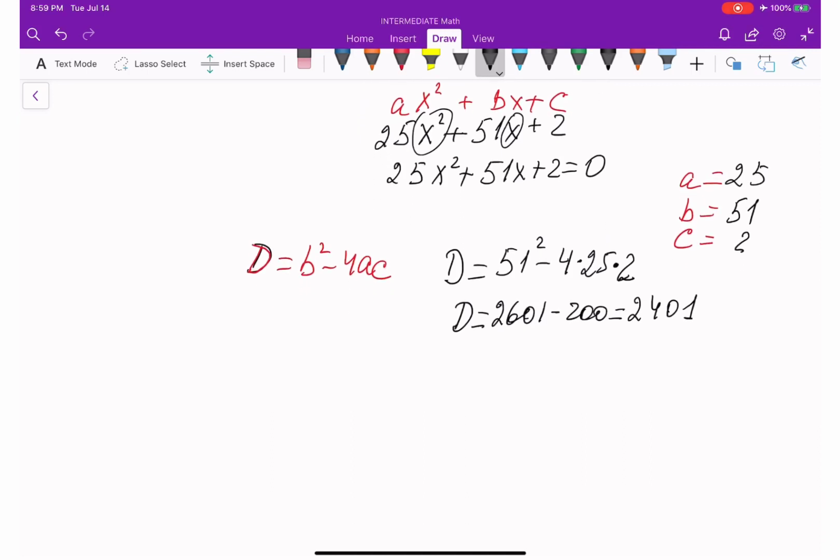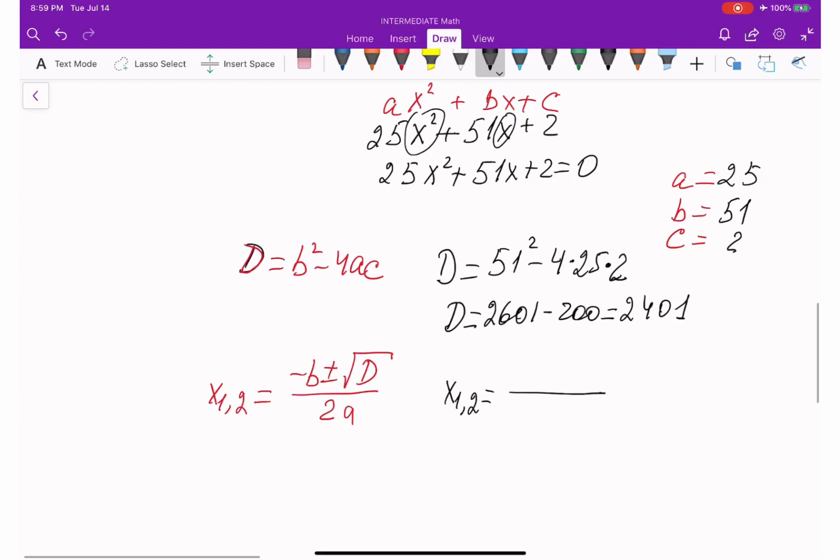All right, let's find x1 and x2. x1,2 equals negative b plus minus square root of the discriminant over 2a. So x1,2 is equal to negative b, so b is 51, negative b will be negative 51, plus minus the square root of 2401, divided by 2 times a, which is 25.